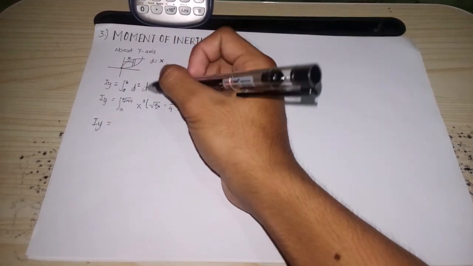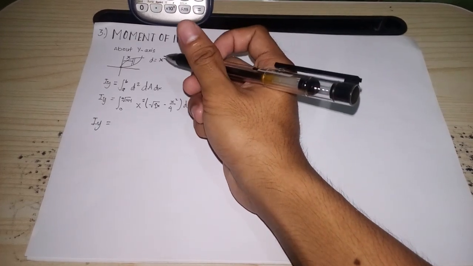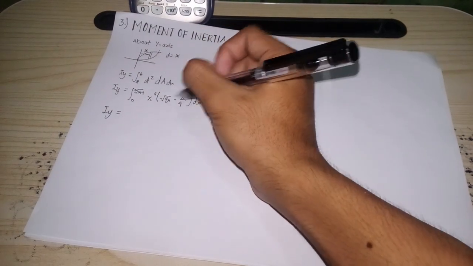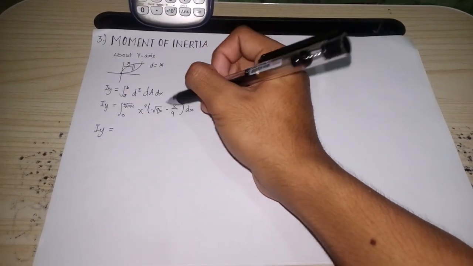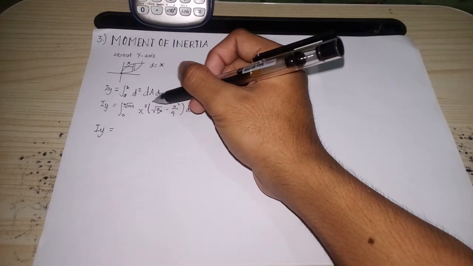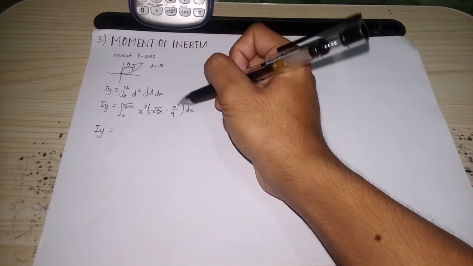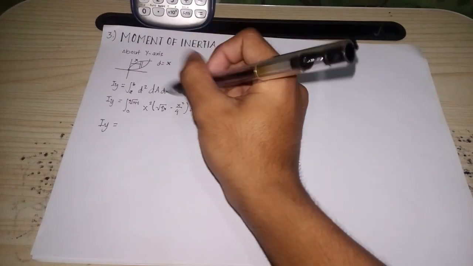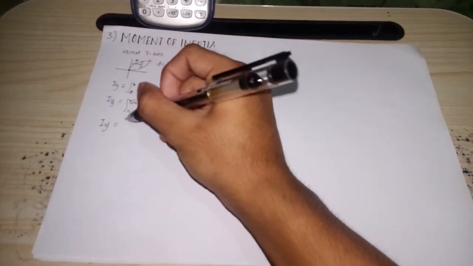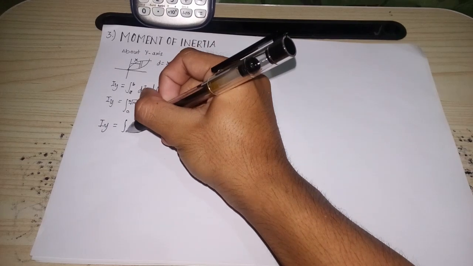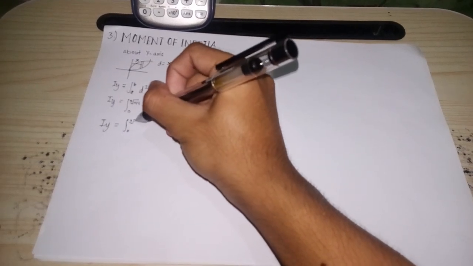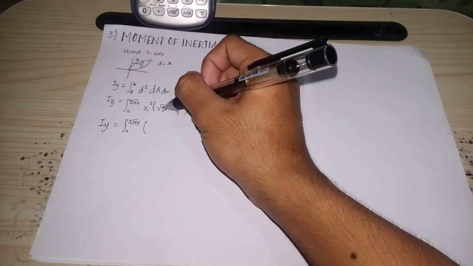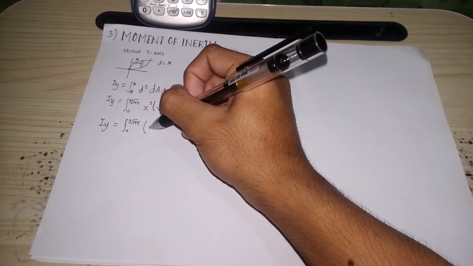First we have to, of course, integrate this one here. First we need to distribute this x squared to what's inside the parenthesis. So if we distribute that, the square root of 9 is 3.